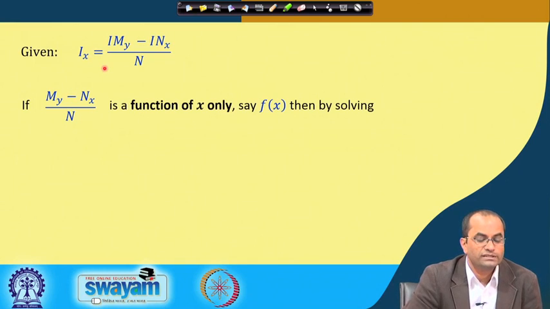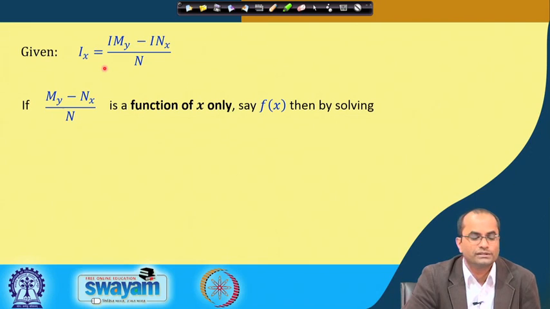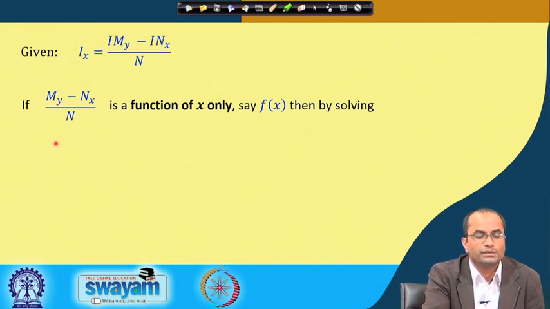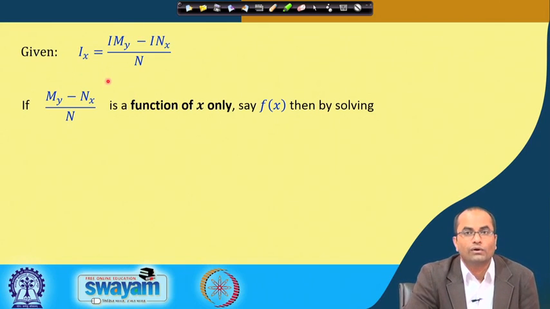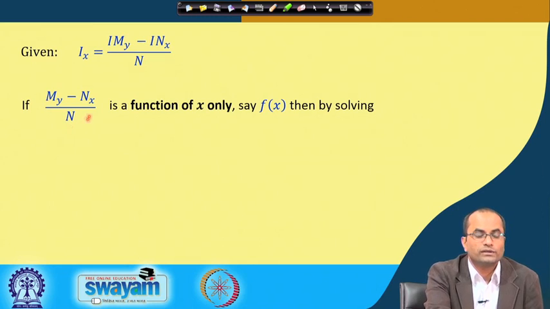So, again a further assumption which we take to get this I as a function of x alone. Here, that is the main condition, because it depends on this M and N divided by N. So, if this is a function of x alone, then we can solve this ordinary simple differential equation if this function is not very complicated.